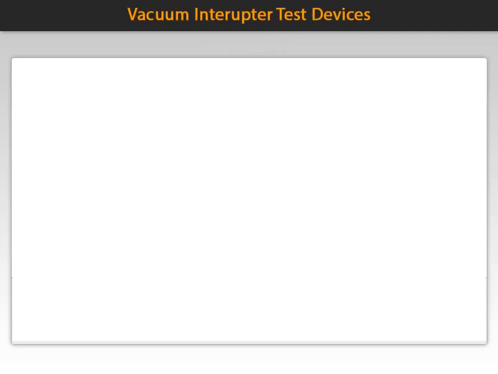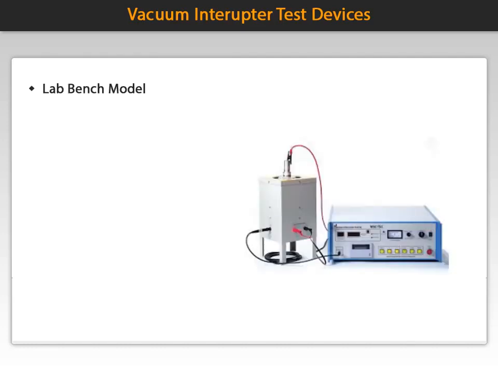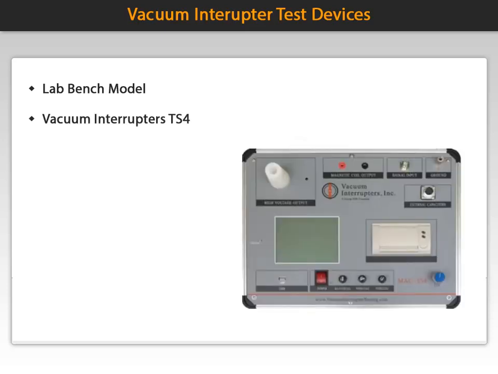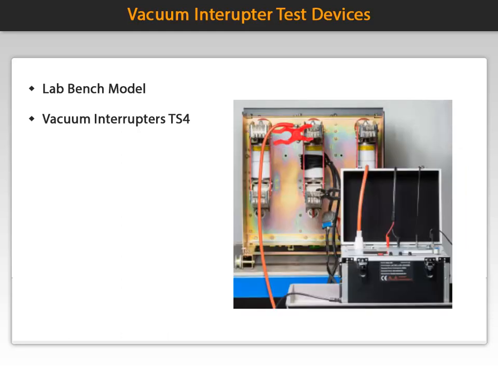Here are some of the test set options that are available. Lab bench models have been and still are in use. This limits the technician to the size of the interrupter that can be tested. Portable testers like Vacuum Interrupters TS4 seen here provide more mobility. It can be set up in the field to test various sizes of interrupters.